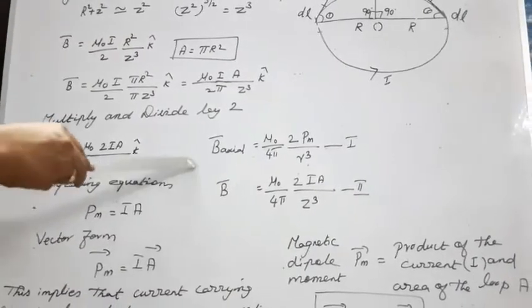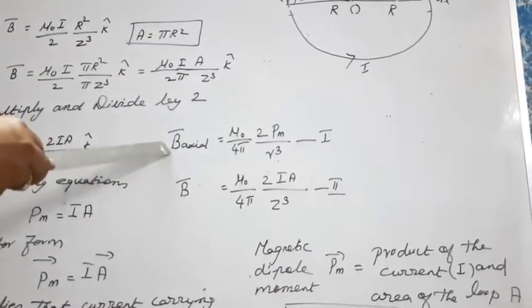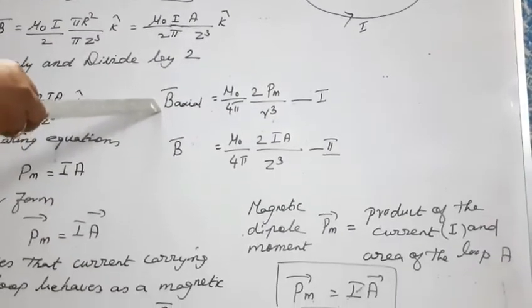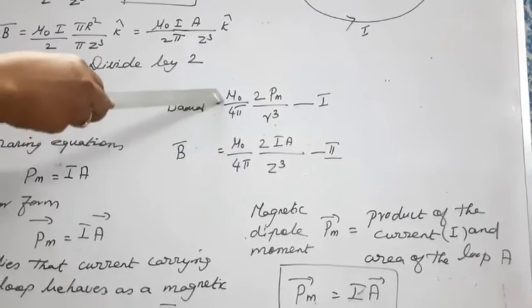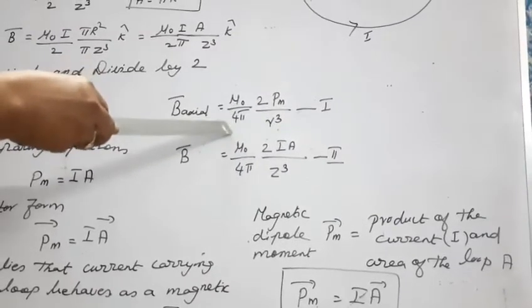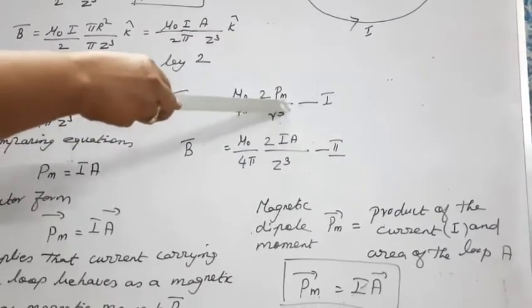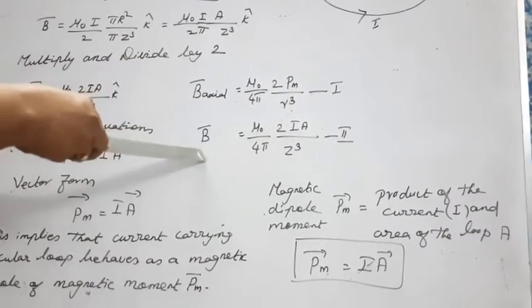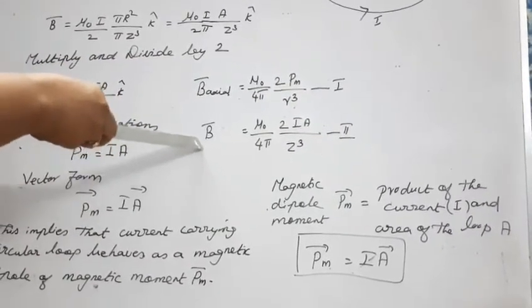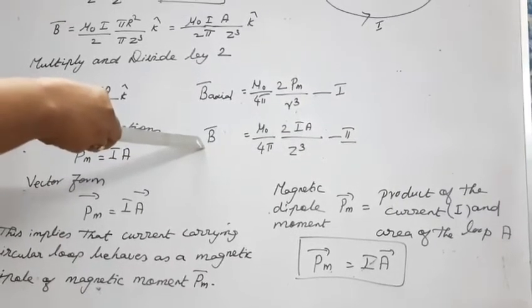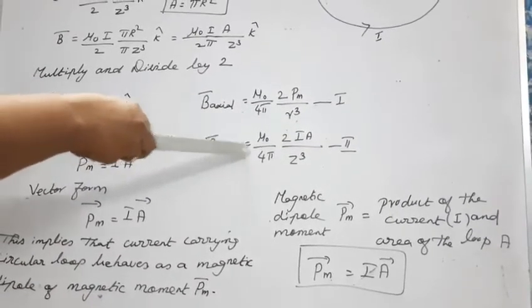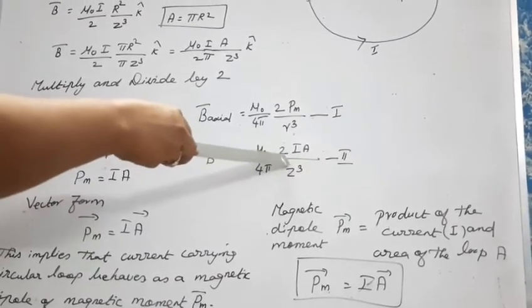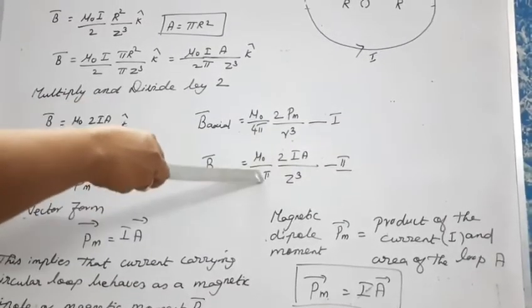Now we can compare the equation. Here we take the axial line equation: B vector axial equal to mu naught by 4 pi, 2 Pm by r cube, into i cap. Here we can see these two equations, first and second. Mu naught by 4 pi is constant, and here is z cube and here r cube is there.